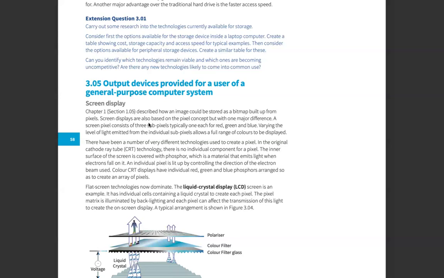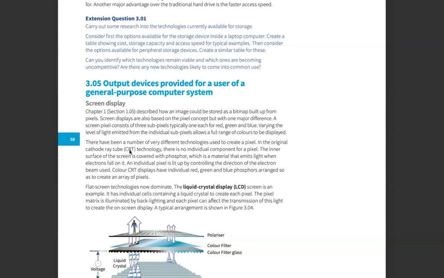So screen displays are also based on pixel concepts, but with one major difference. A screen pixel consists of 3 subpixels, typically one each for red, green, blue. The RGB values come from here. The RGB concept comes from here. So varying the level of light emitted from the individual subpixels allows a full range of colors to be displayed.